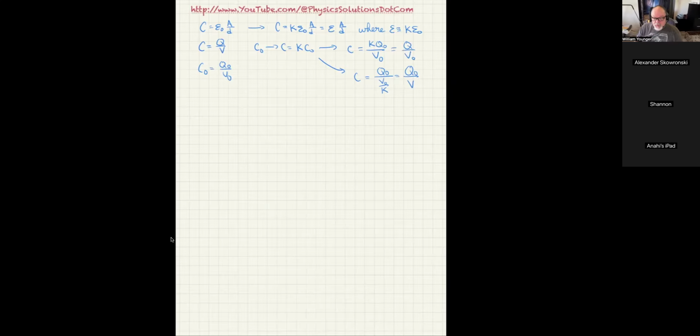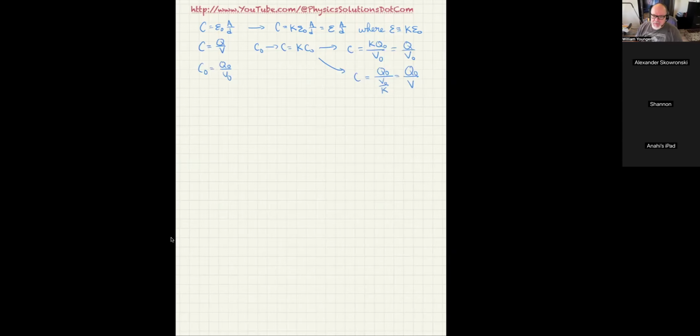So there are at least two ways in which you can accommodate this new factor of K. You can picture this new factor of K coming in because the charge on the capacitor increased by a factor of K, but you can also figure out that the capacitance increased by a factor of K as a result of the voltage across the capacitor dropping by a factor of K. So that's what those two equations are showing, and I just wanted to point that out.